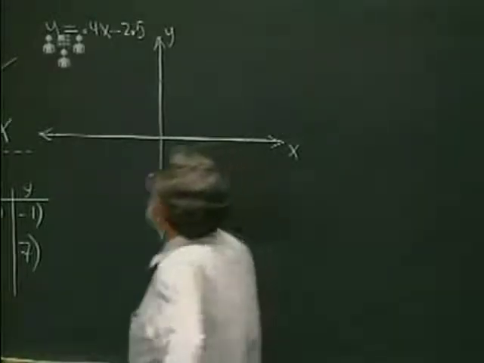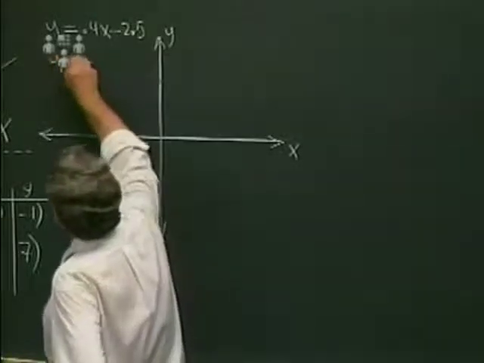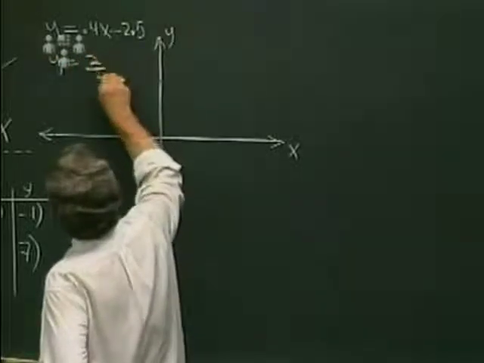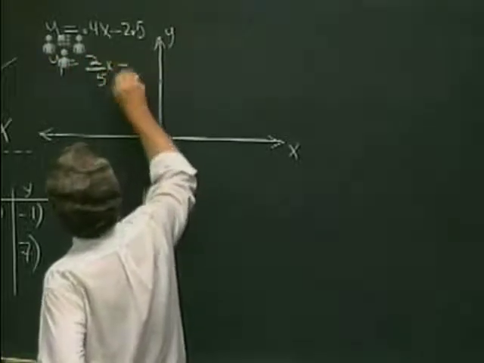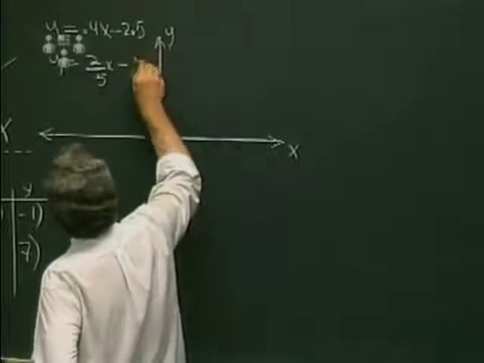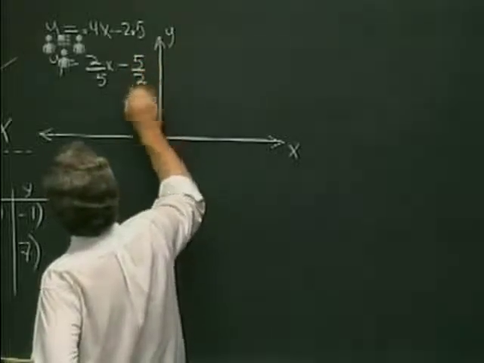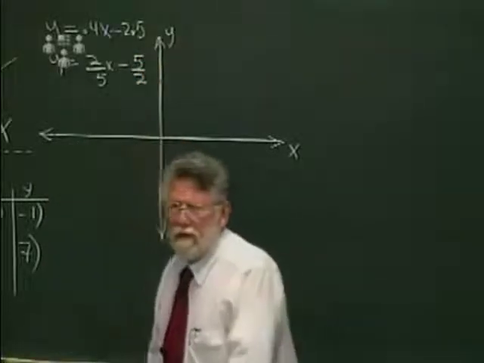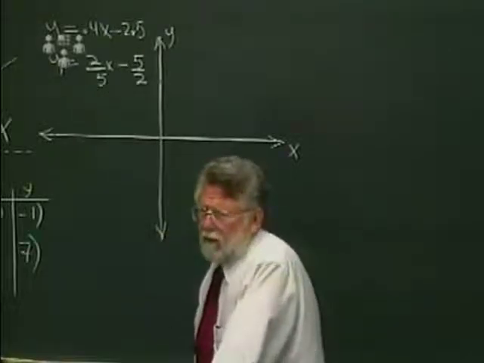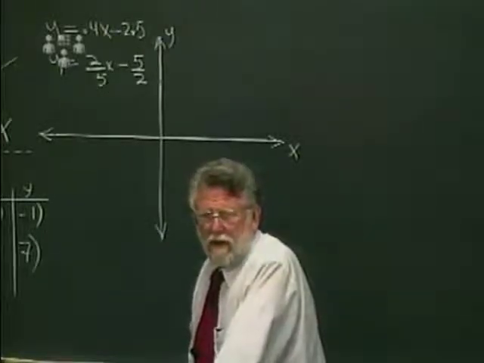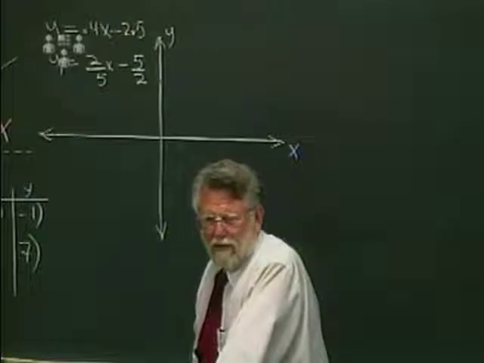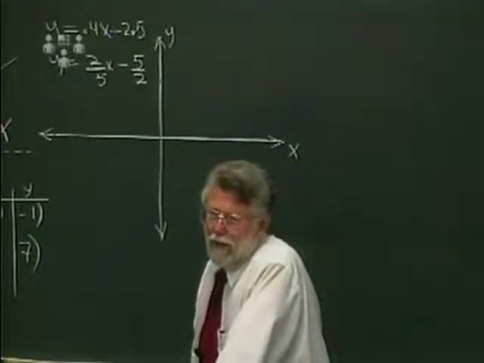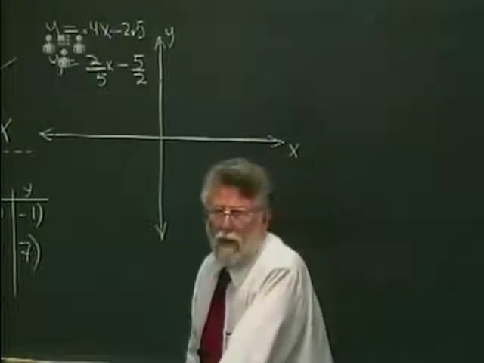I would instead say, gee, that's y is equal to 2/5 x minus 5/2. I work it with fractions. I'd never leave it with decimals. And that creates part of the problem because I want slope.